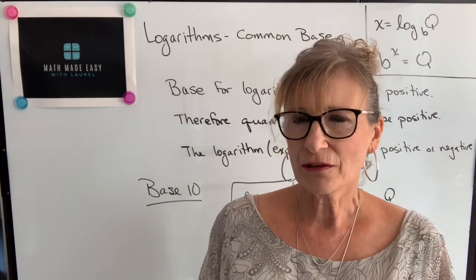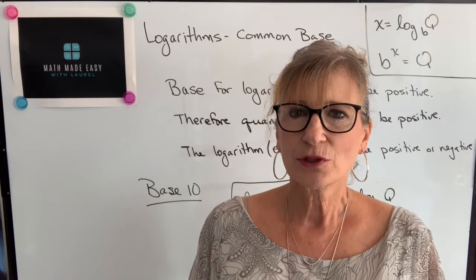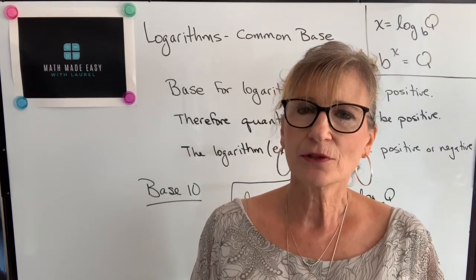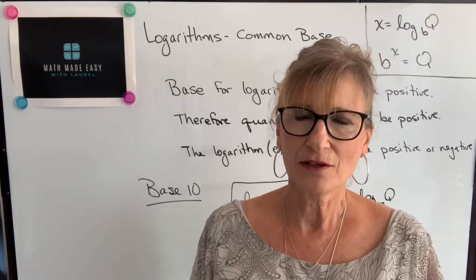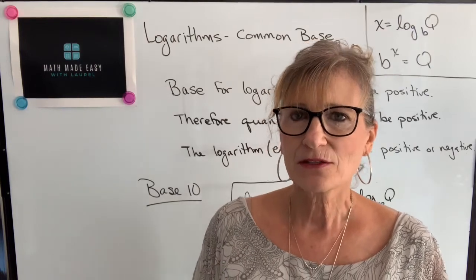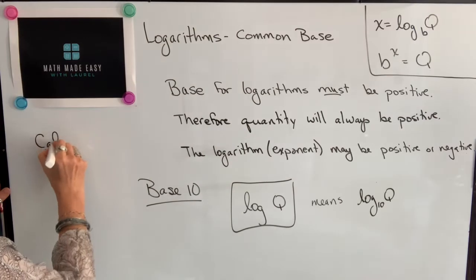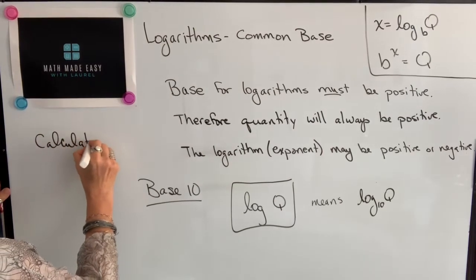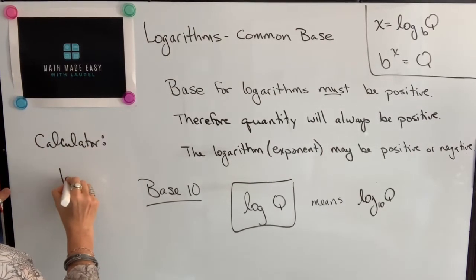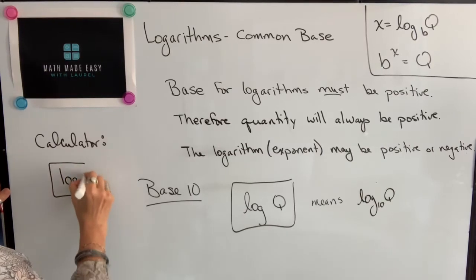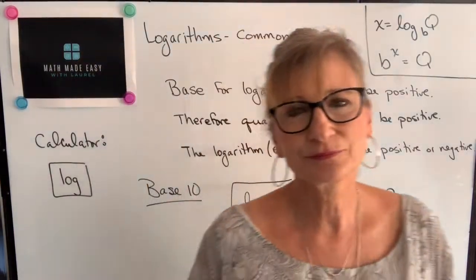We're going to talk about calculators today, because we're going to use your calculator to find the logarithms of different quantities. On your calculator you will have a button that looks like that.